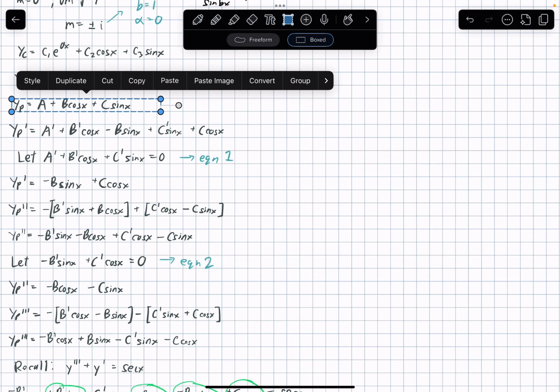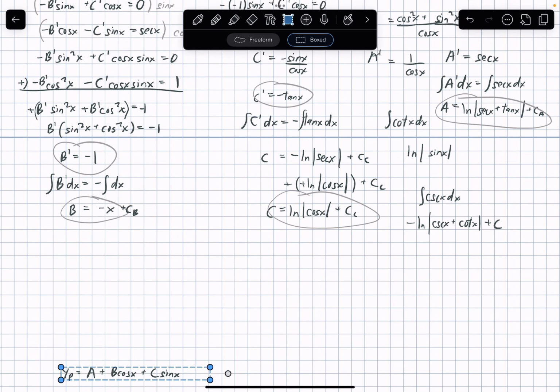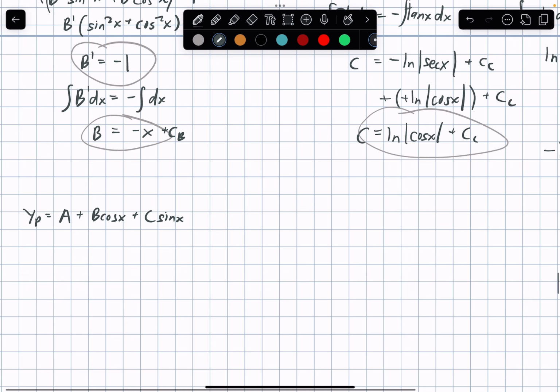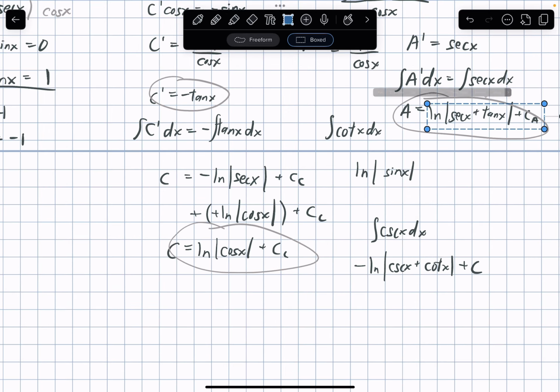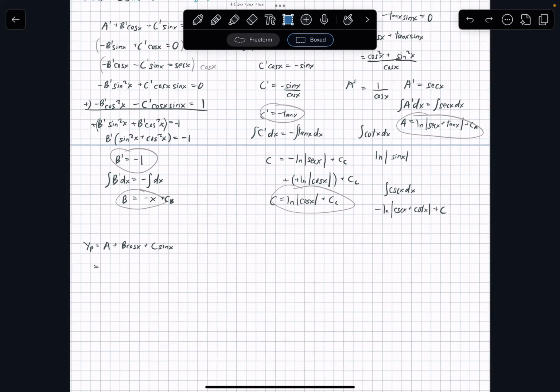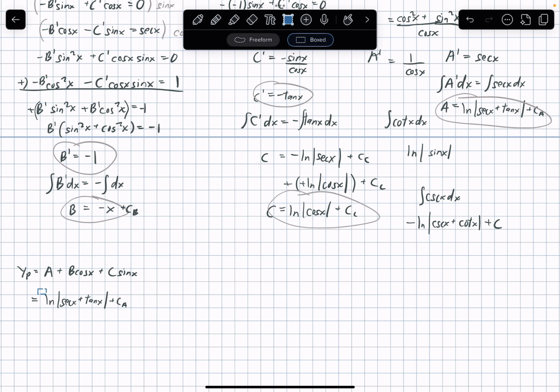Let's now substitute in the y sub p. So A is what? So that's our A. How about our B? Minus x, no? And then our C, ln cosine x. And this is the only time when we start putting the constants together: C_A, C_B, C_C.